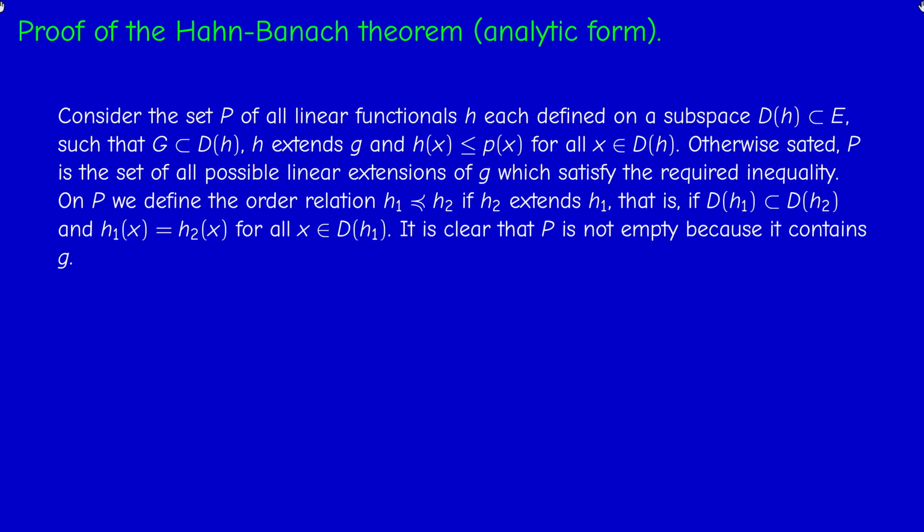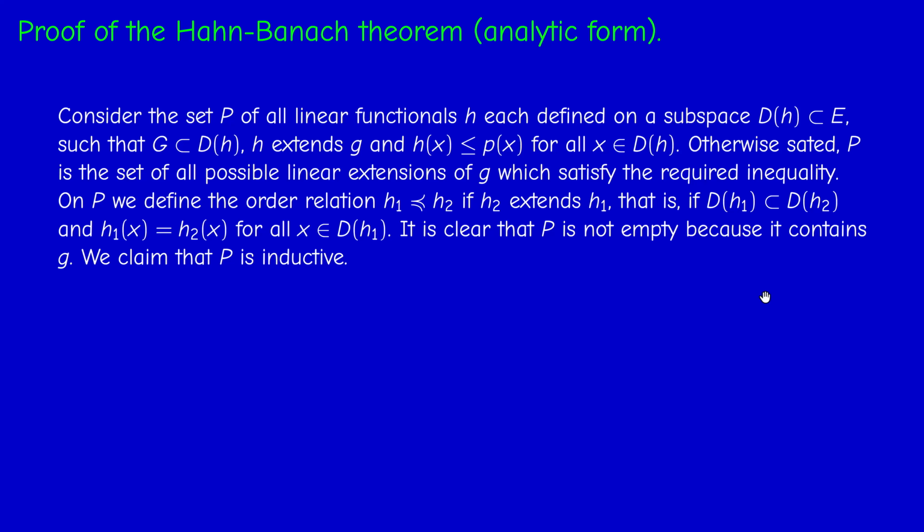First of all, this set is non-empty because trivially g is less or equal than itself. In some sense, g extends itself in a trivial way, because here we put less or equal, so it's not strictly less.